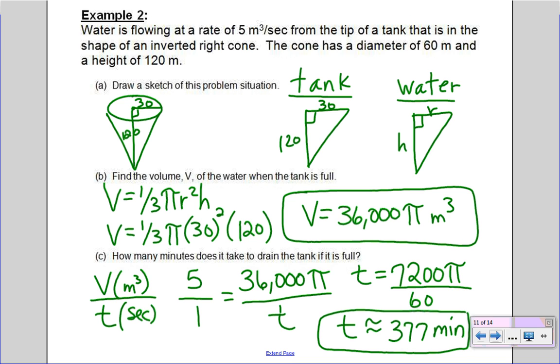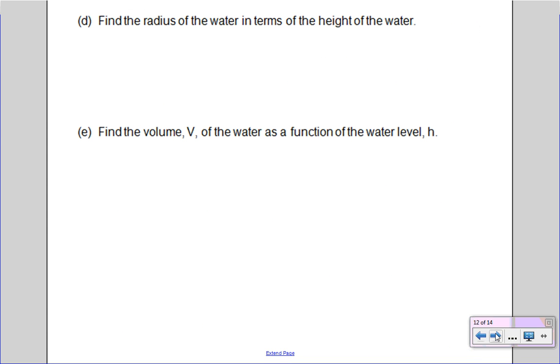All right, so part D says find the radius of the water in terms of the height of the water. So if we want to find the radius, then we are going to solve for r, in terms of the height. So let's look at the proportional relationship in the tank.